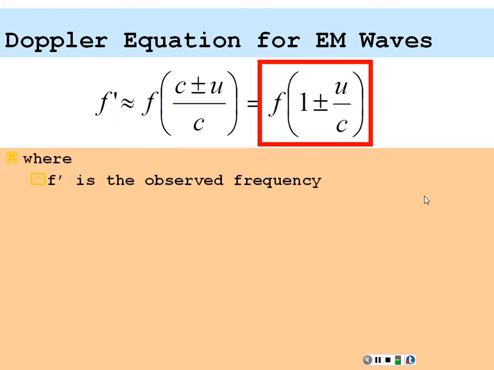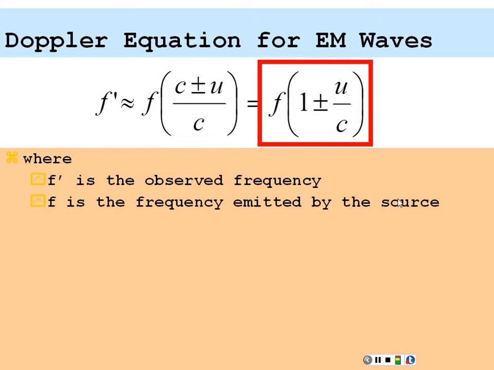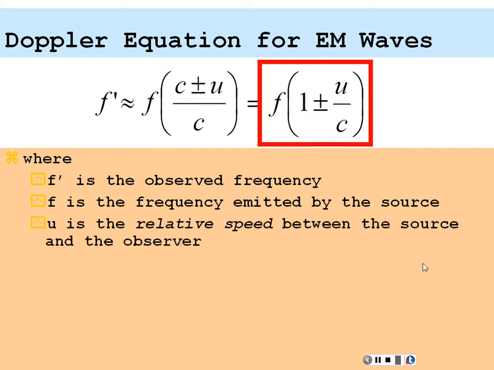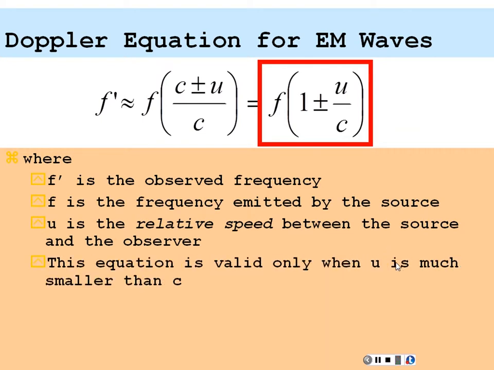So we have f prime, the observed frequency; f, the frequency actually emitted by the source; and u, the relative speed between the source and the observer. This is only valid when this relative speed is much smaller compared to the speed of light. When they become more comparable, then you have to modify this equation relativistically, but you can modify it to an equation that works for that.